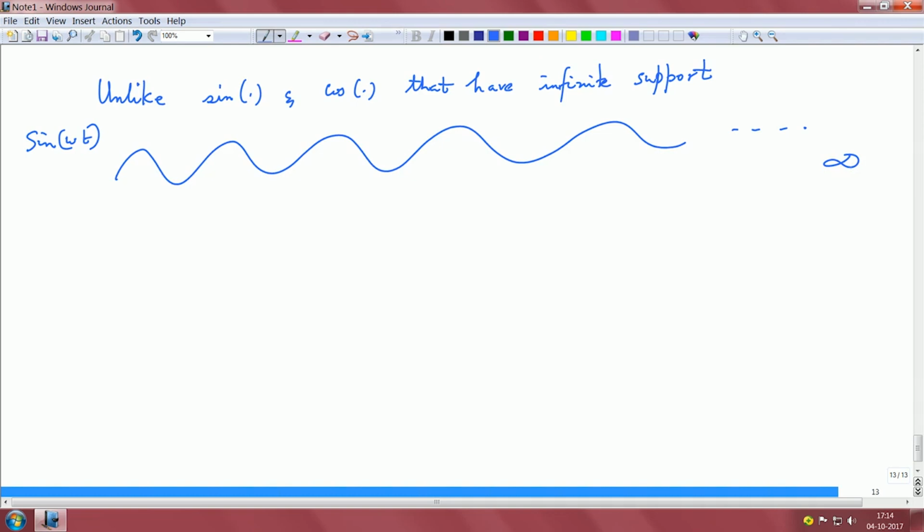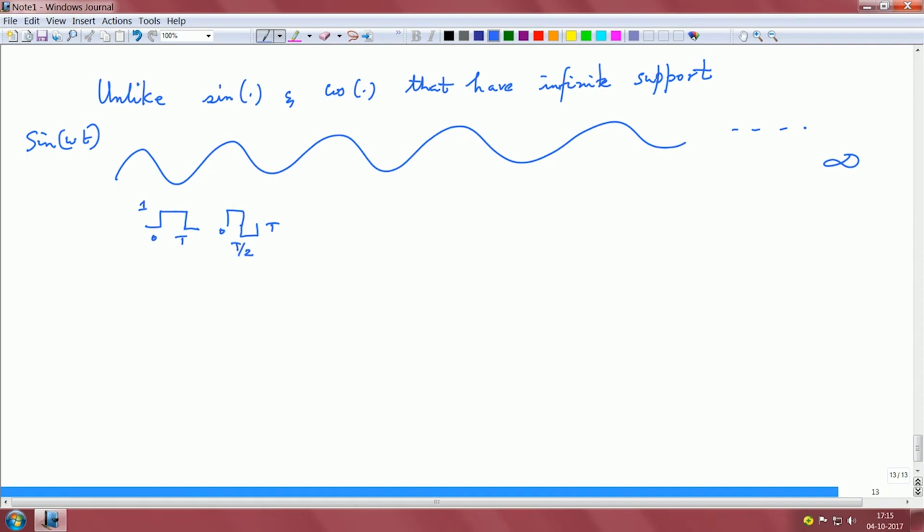I do not want infinite support. For example, if I were to use a basis perhaps like this, we see that these are orthogonal signals. So this is t upon 2, right.